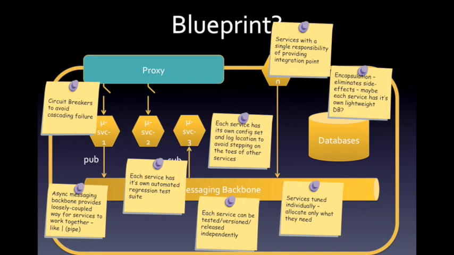So in this particular blueprint, again approaching from the direction of taking an existing monolithic application that is deployed on a server, here's how we may carve it up. You want to avoid having, for example, the proxy run on one machine and the services running on a different machine.